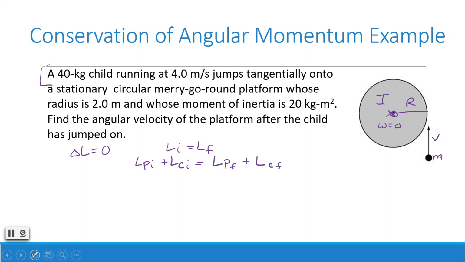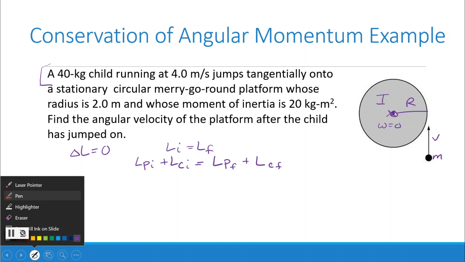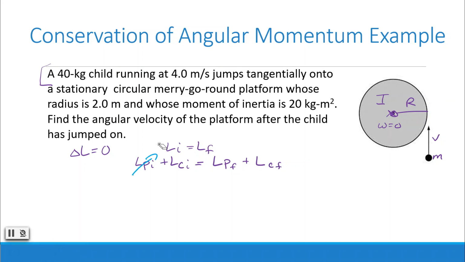Now the platform starts off at rest, so it has no angular momentum at the start. So how does this child have angular momentum? We assume that right before the collision, this kid is located at a radius of R with a speed of v and a mass of m. Its angular momentum would be I omega.